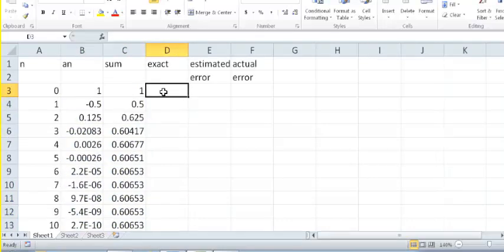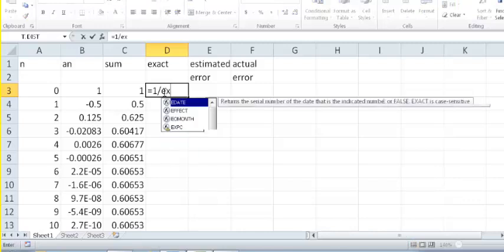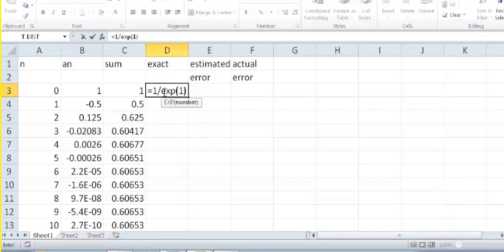So let's see, 1 divided by e to the 1, square root. So 1 over the square root of e, 0.6065, okay, there you go. So that's the exact answer.